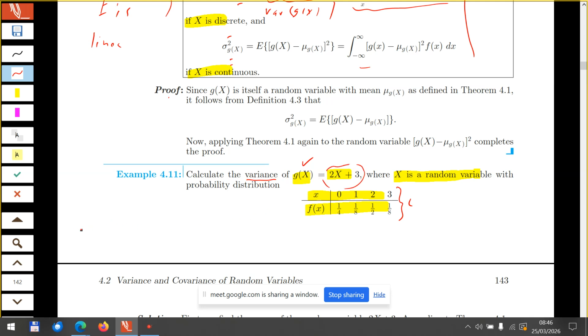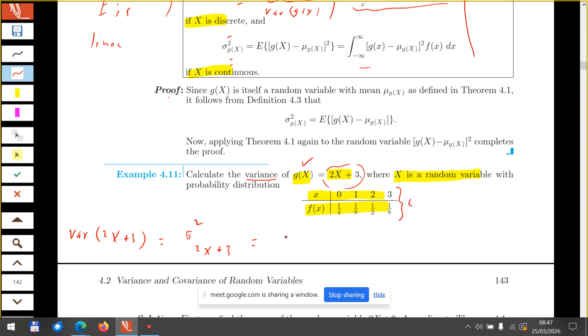So if we start with this, how do we do? It will be variance of 2x plus 3, right? And if you want, you can also do it like this: sigma squared of 2x plus 3. It's up to you.